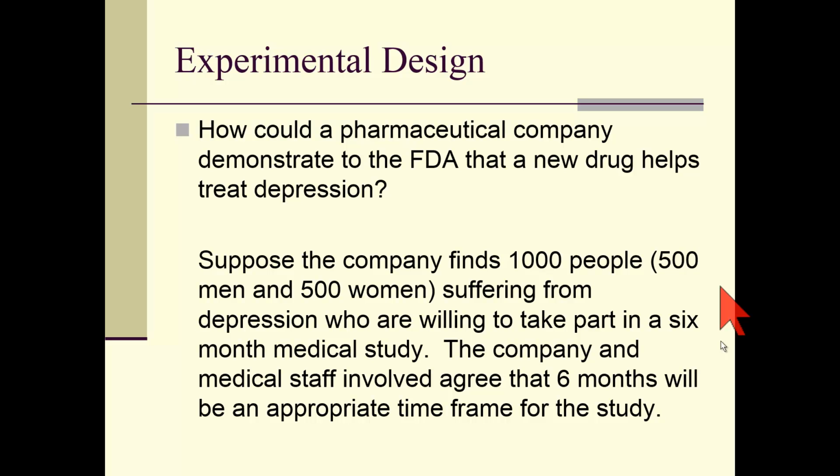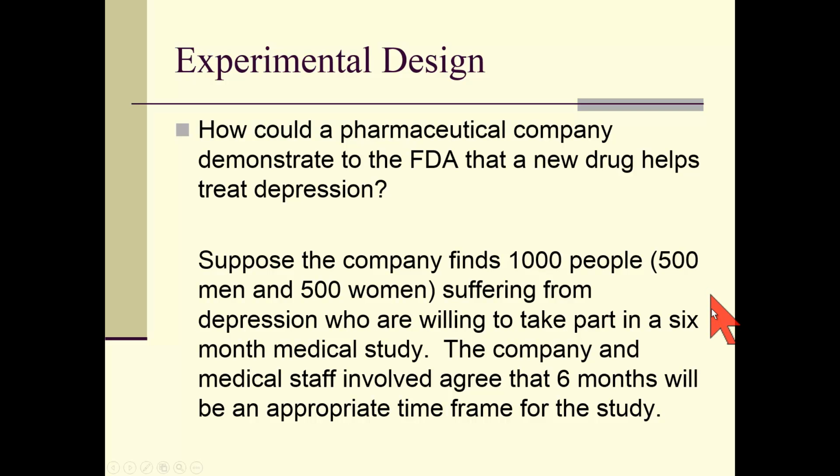So the company has to do experiments to verify the effectiveness. Suppose they have the following scenario. They find 1,000 people, half men and half women, who are currently suffering from depression and agree to be human subjects for a medical study. Let's assume that 6 months is an appropriate time frame for this study.